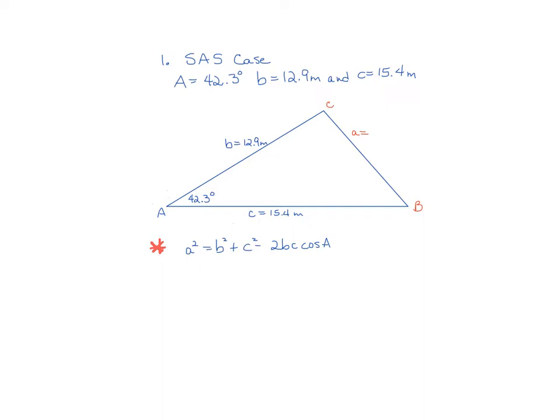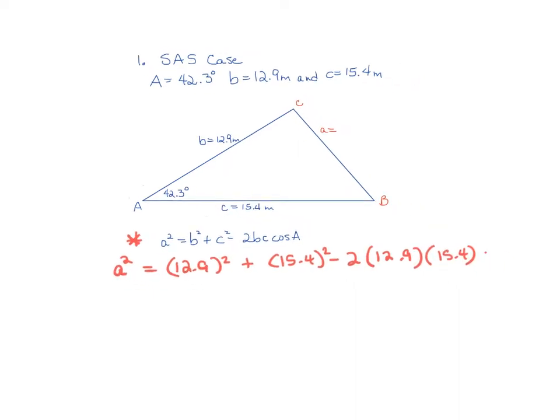I do not know little a; that's what I'm solving for. Little b is 12.9, and I'm going to square it. Little c is 15.4, and it gets squared. And then minus 2 times b times c times the cosine of A, which is 42.3.